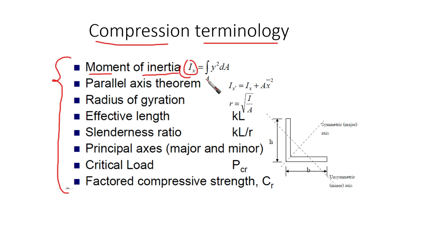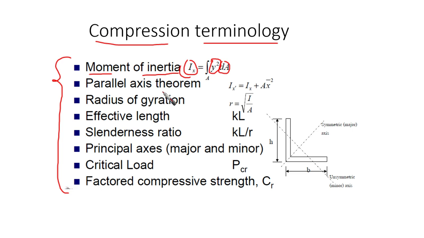The moment of inertia equals the integration of the area times the distance of this area to the centroid, or to the neutral axis, squared. So this is the moment of inertia. We call it the second moment of inertia.